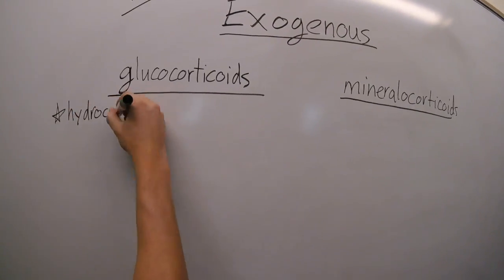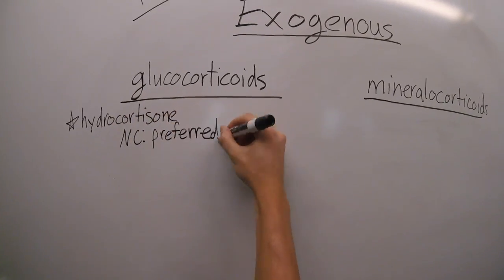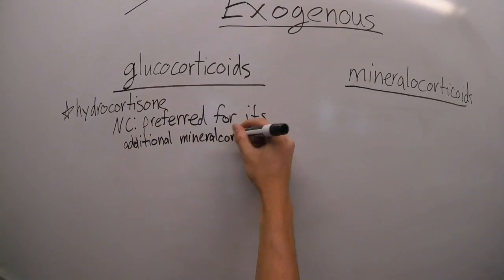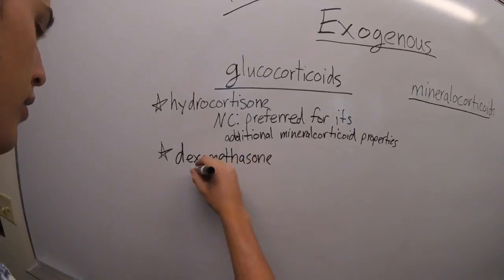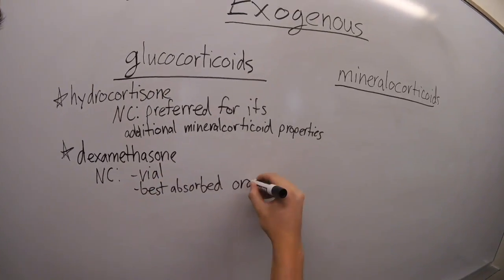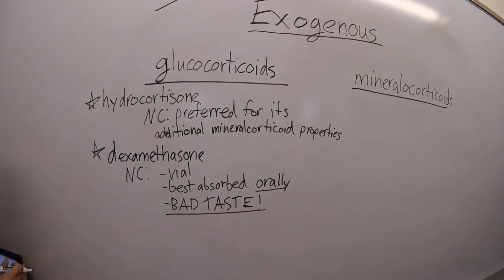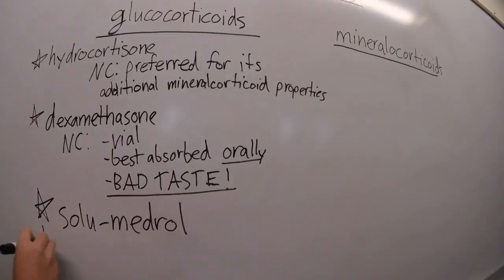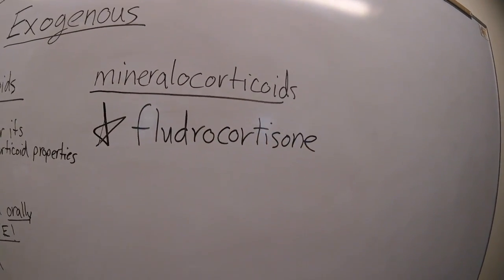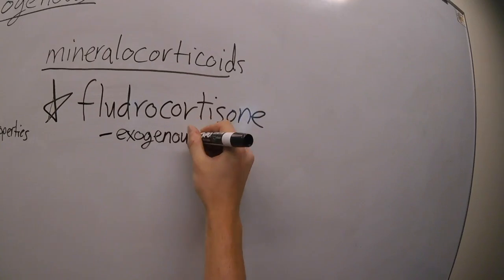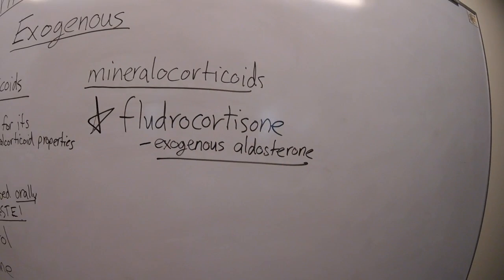Common glucocorticoids used in the treatment of Addison's disease are hydrocortisone, which is preferred for its additional mineralocorticoid properties, dexamethasone, which comes in a vial but is best absorbed orally but also has a very bad taste, solumedrol, and prednisone. On the mineralocorticoid side, fludrocortisone is the preferred medication as it acts as an exogenous form of aldosterone.